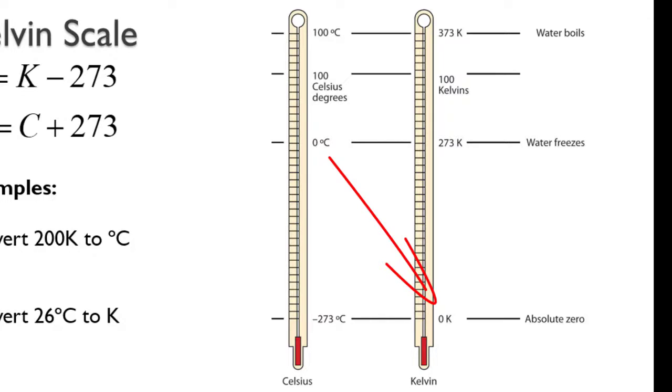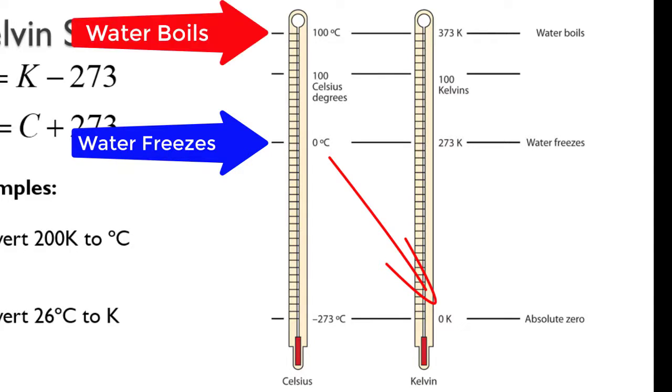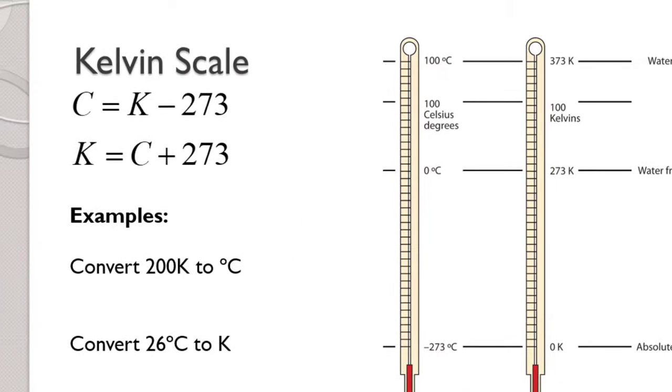And then water freezes at 273 degrees above that, or 273 Kelvin, and then water boils 100 degrees above that at 373 Kelvin. And so these two formulas help us convert between Celsius and Kelvin, where all we need to do is either add or subtract 273 degrees.